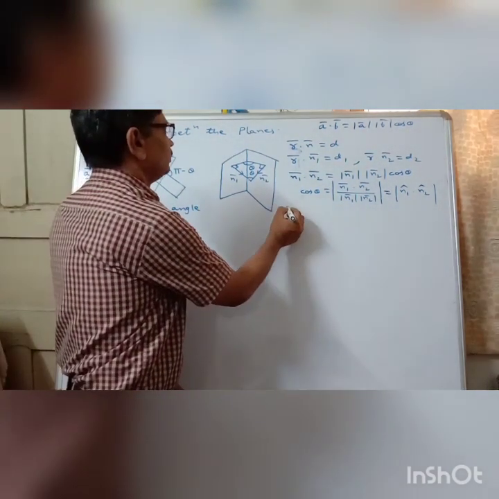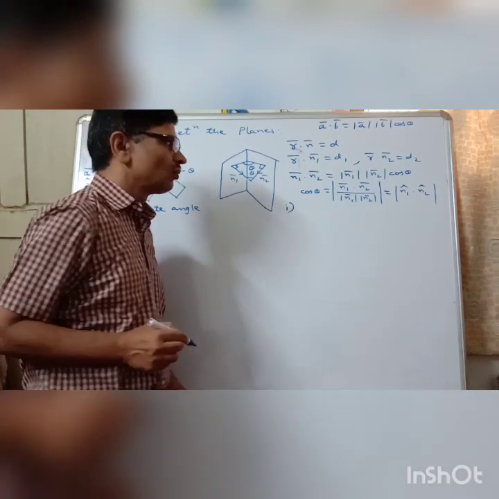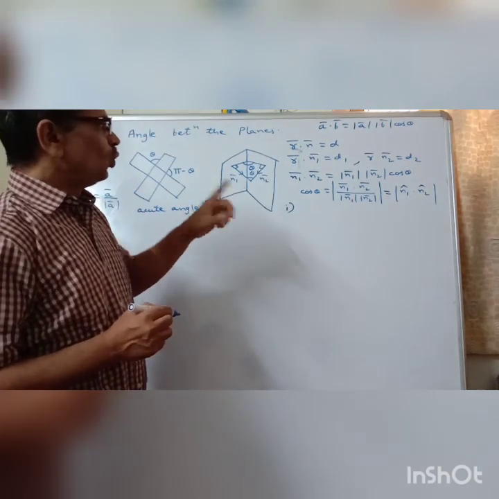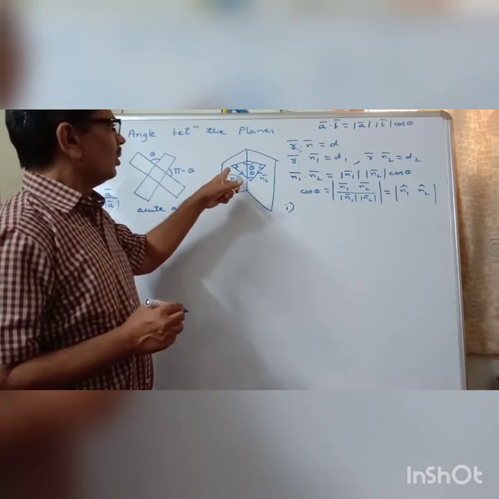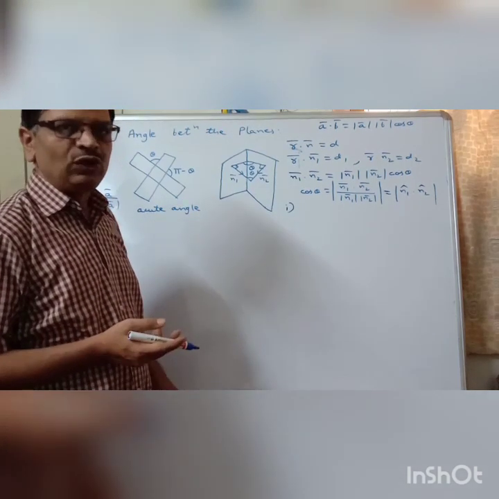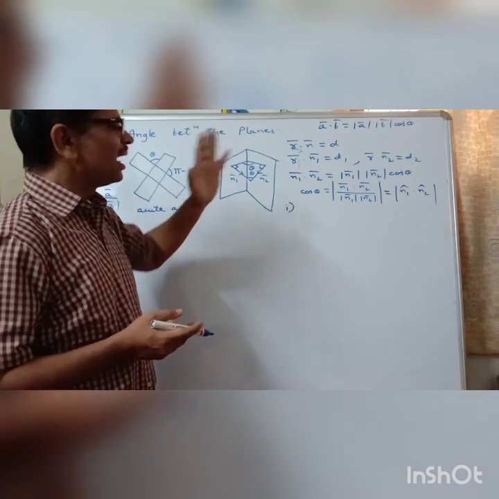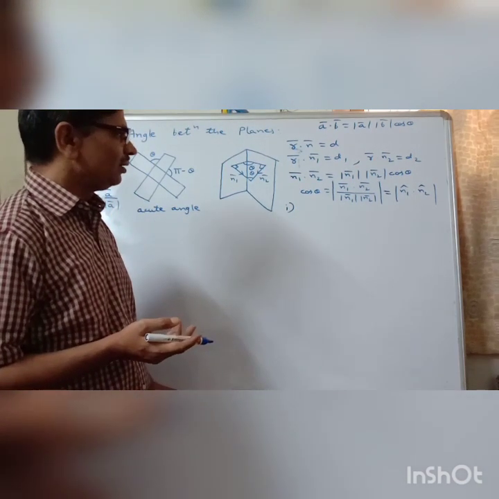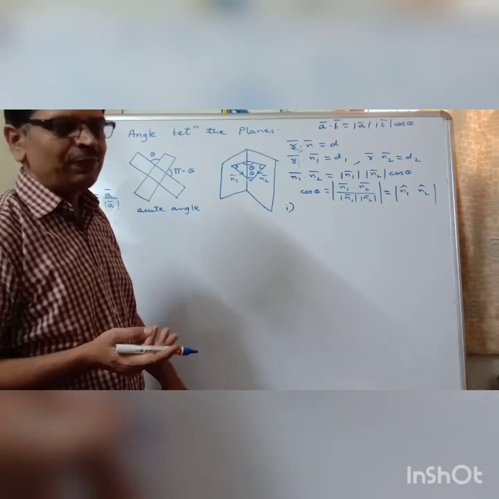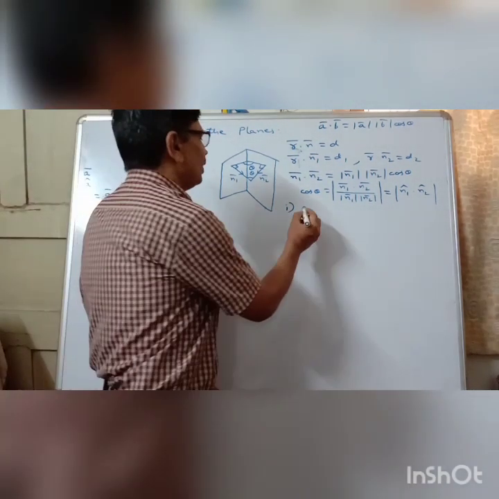If two planes are perpendicular to each other, when planes are perpendicular, normals are also perpendicular. And as normals are perpendicular, their dot product is zero.